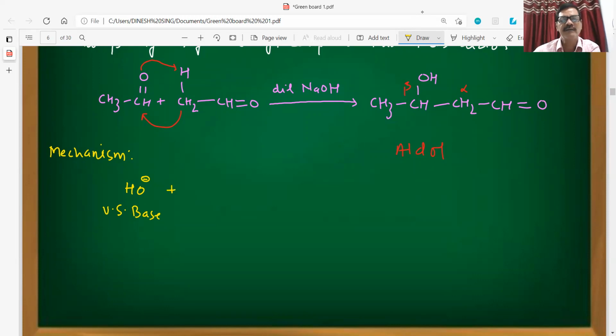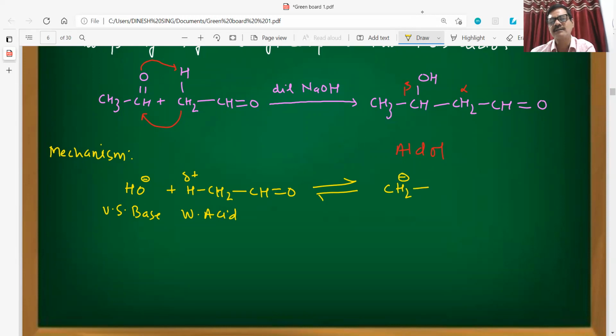And here the alpha hydrogen is a weak acid, since CHO has a partial positive charge. So simply an acid base reaction takes place. What will form? CH2 minus CH double bond O plus H2O.